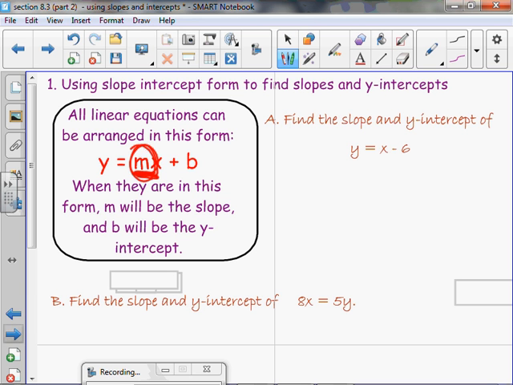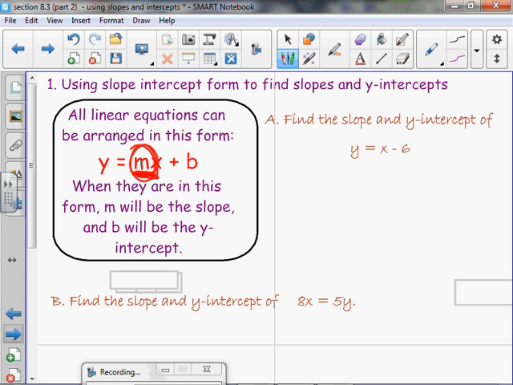Find the slope and the y-intercept of this equation right here that is given to us. We get very lucky here because this is already in slope-intercept form. So all we need to do is kind of hash it out a little bit.